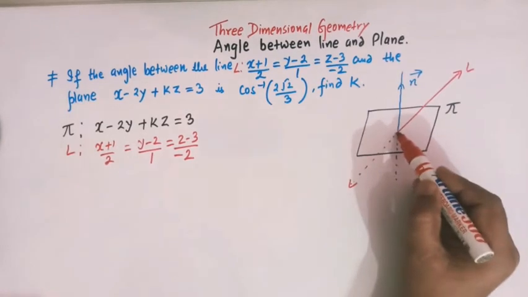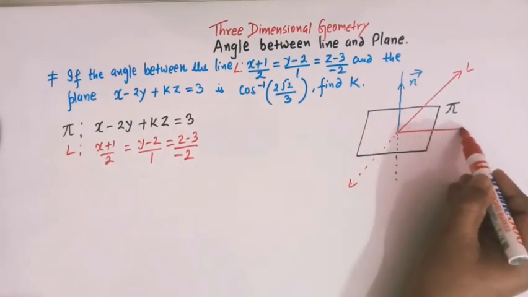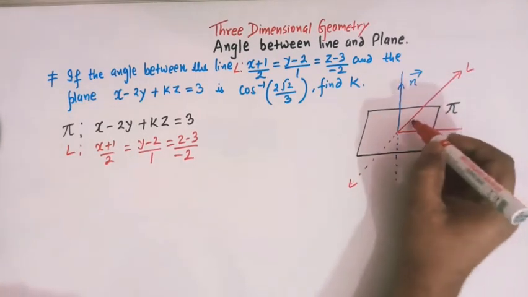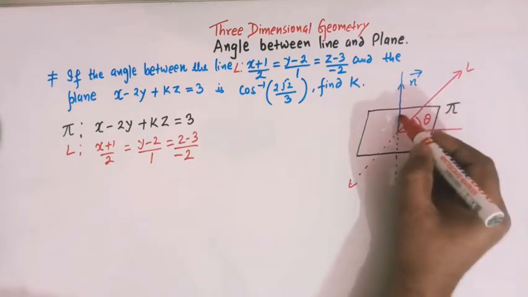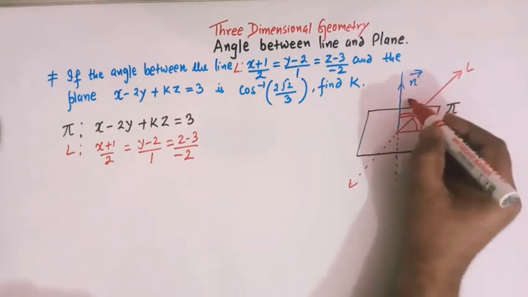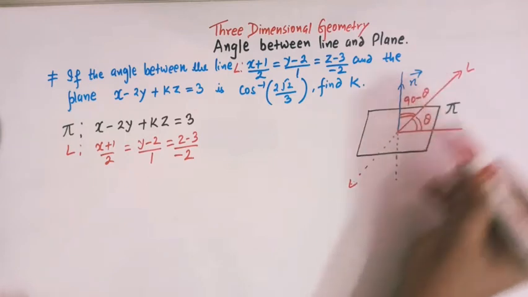Okay, now if we take a line like this, then we see that if we take this angle as theta, then obviously this angle would be 90 minus theta, right?